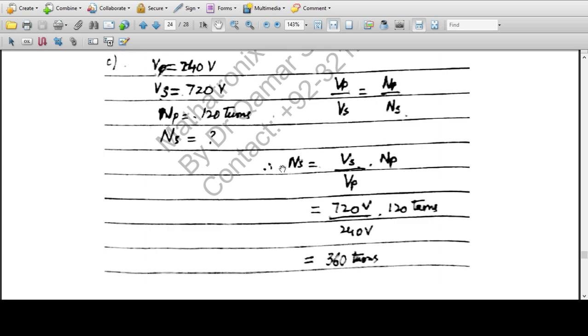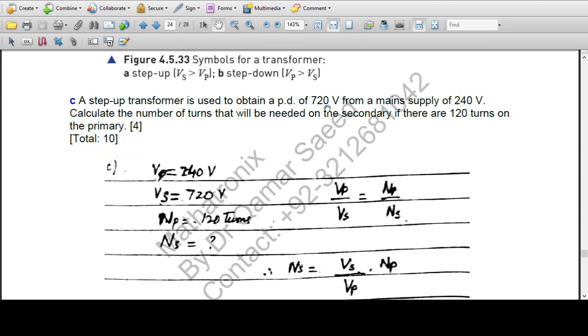Using the equation, the number of turns is 360, because it is stepping up. The secondary voltage is three times higher, so the secondary turns should also be three times, which is 360.